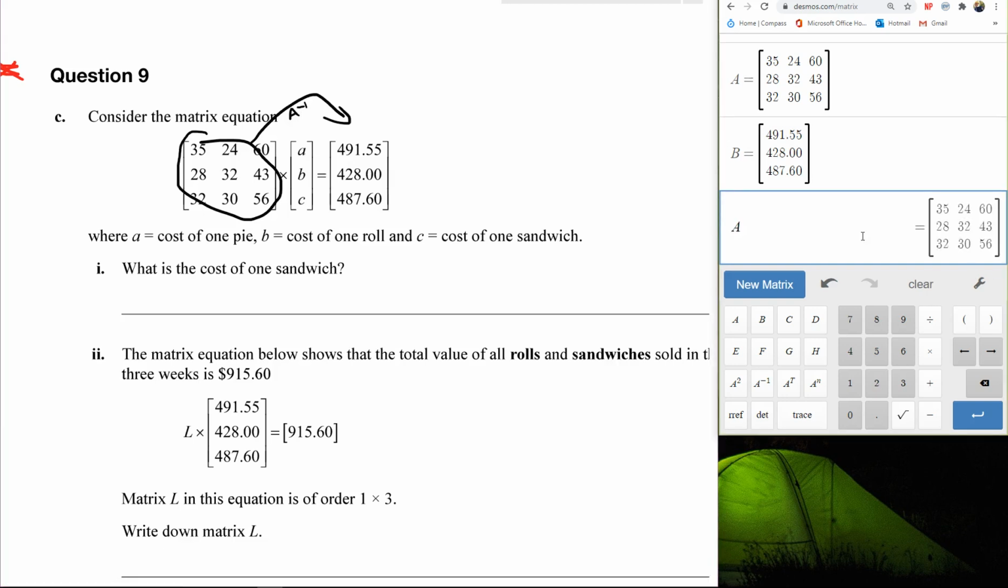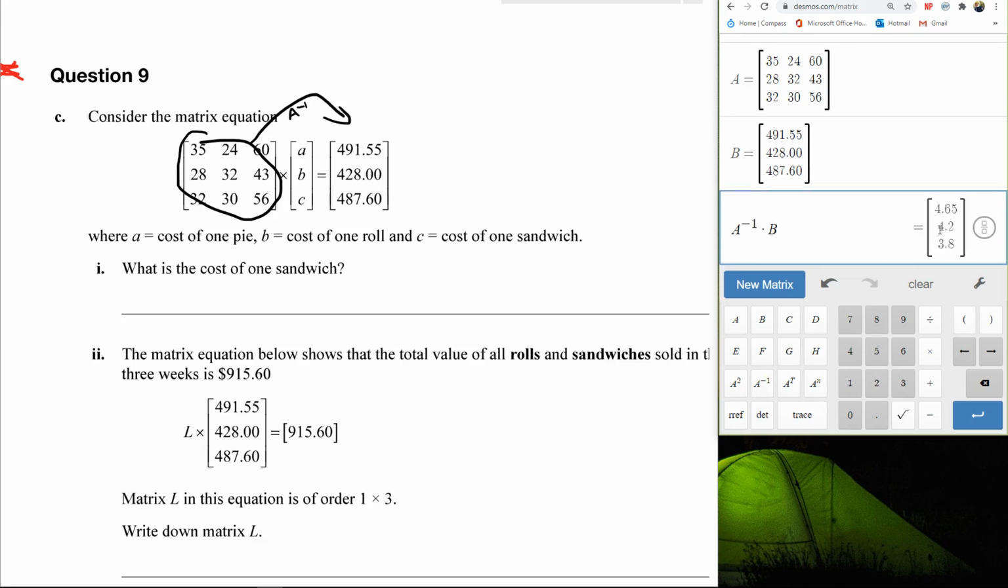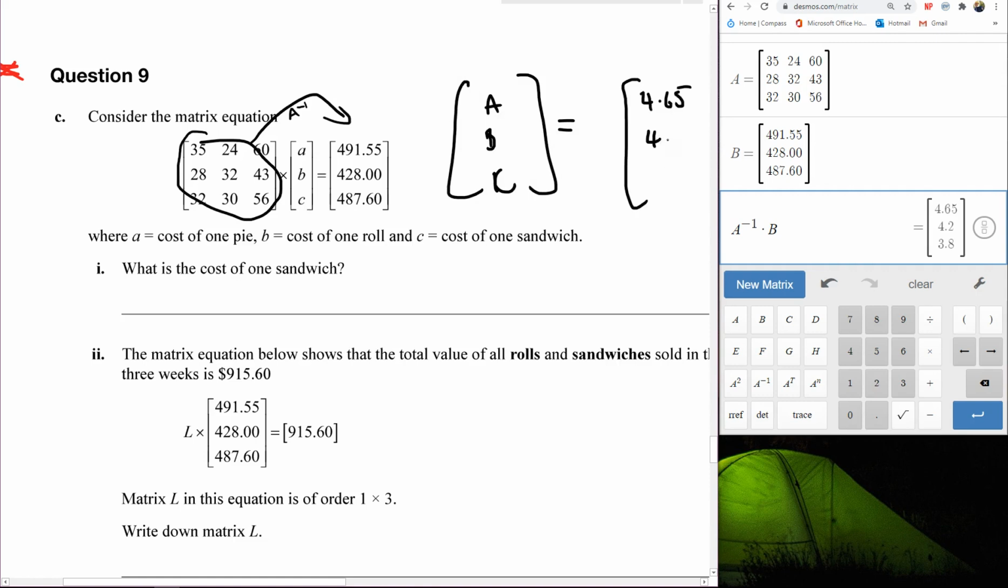A matrix inversed, to the power of -1, multiplied by B matrix, and there's my answer. So what is A, B, C? Well, A is 4.65, B is 4.2, and C is 3.8.